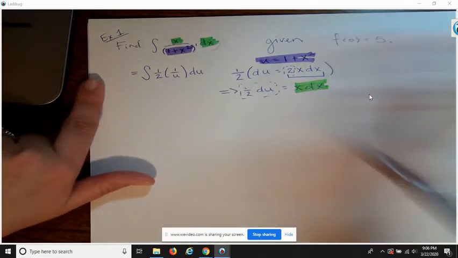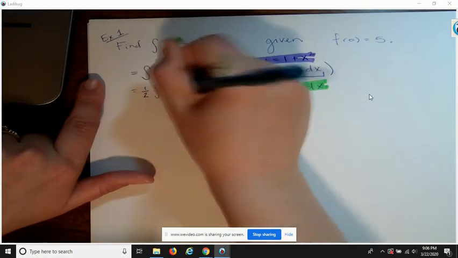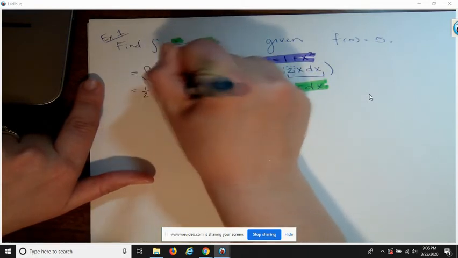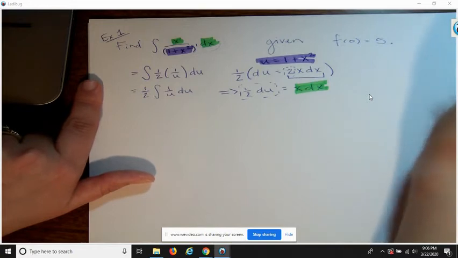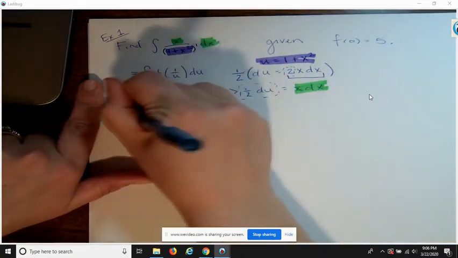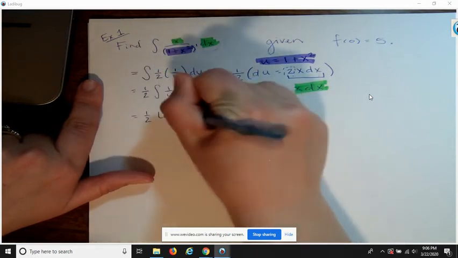There's a property in your formula booklet. I can pull out the 1/2 to the front so that it looks even more like a natural log integration. Now I know this integrates to the natural log. So I'm going to have 1/2 times the natural log of u plus c.